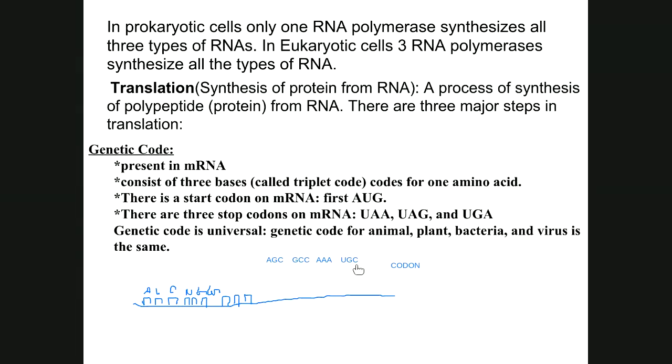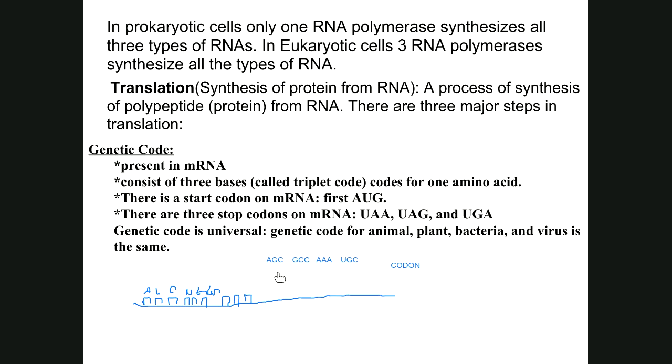These codons are present in the messenger RNA, and because each code is made up of 3 nucleotides, they are also called a triplet code. Triplet means 3, made up of 3 nucleotides, and each code is used for one amino acid. So this code carries the message of one amino acid, this one carries the message of another amino acid, and this one carries the message of another amino acid.